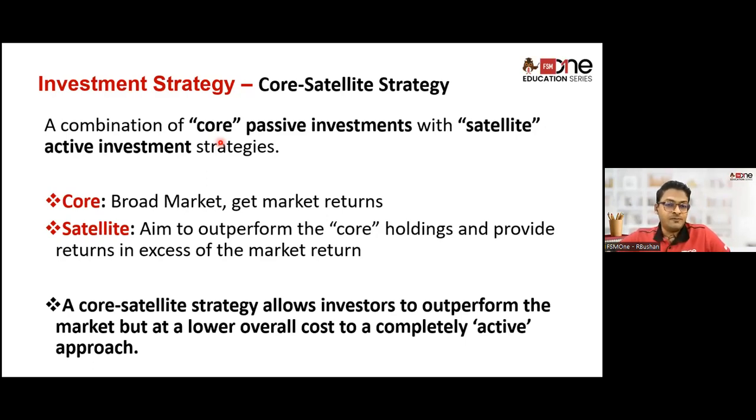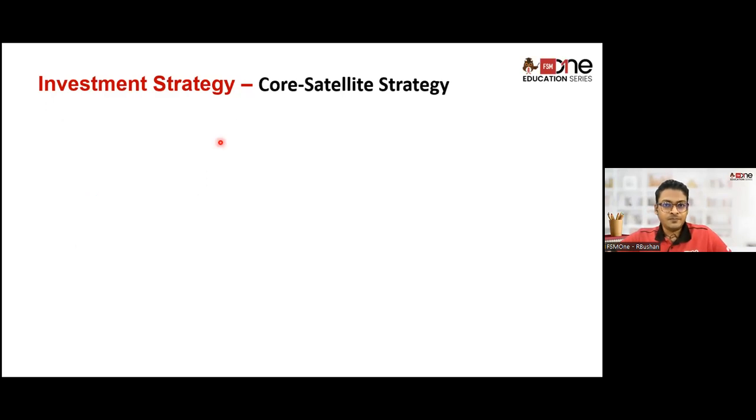But I prefer a more hands-off approach of the core satellite strategy, whereby I have my core broad market ETF and a few satellite ETFs to support the core. So I have the best of both worlds, where I have the broad market to get market returns and also some smart beta ETFs to help propel the returns of my portfolio.